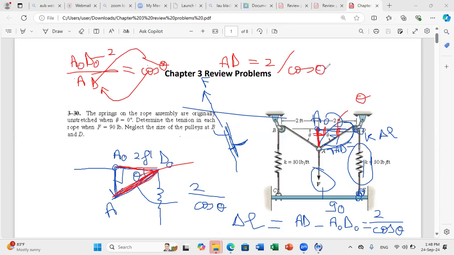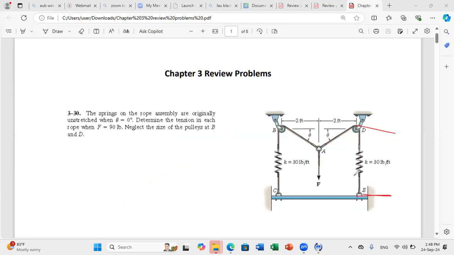Okay, so L is when it is unstretched and L0 is the initial. The idea is, where does all the stretching of the spring go? It goes into the increase of AD, because the distance between A and D does not change, this distance is stable. So if the spring stretches, where will the difference in length go? It will go into AD. Initially point A was at this position, but because the spring stretched, point A went down. So as A moved downward because of F, the spring stretched and AD is longer now. So the change in length of AD corresponds to delta L, which is the stretching of the spring.